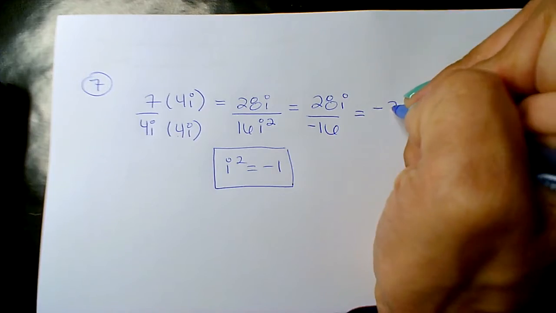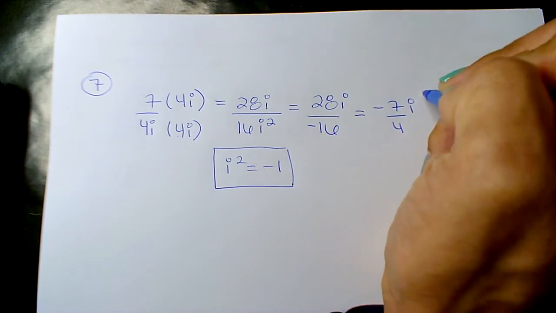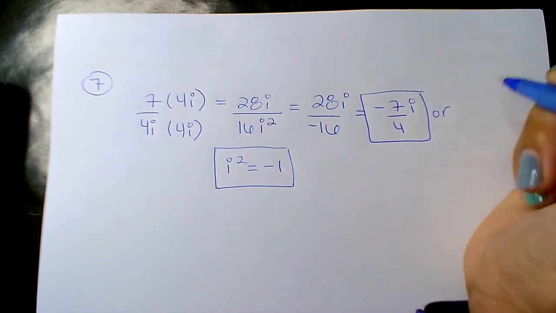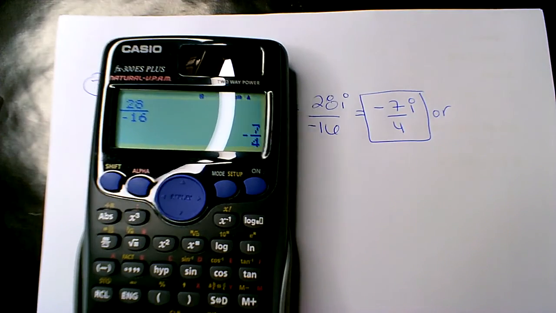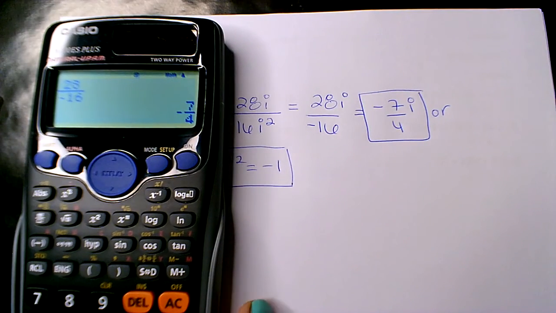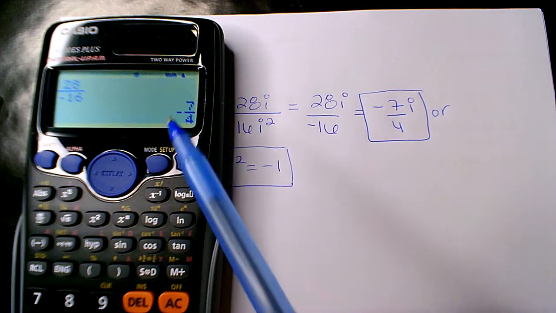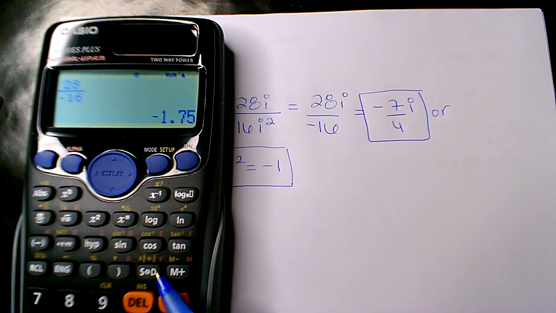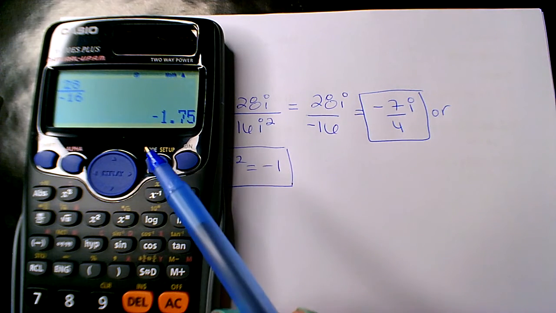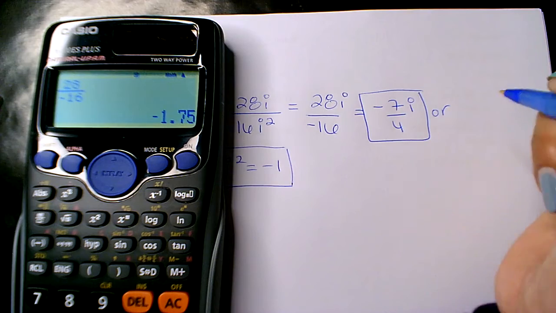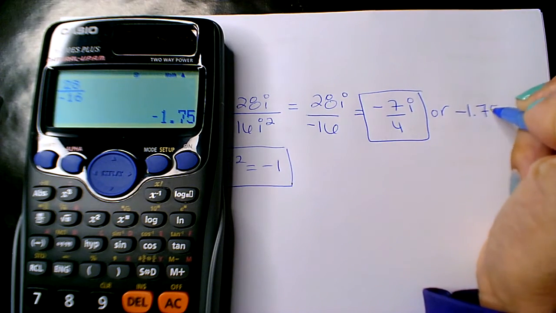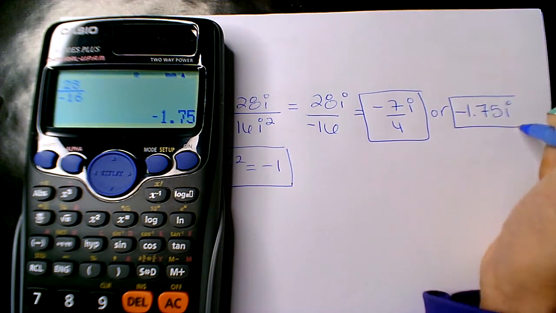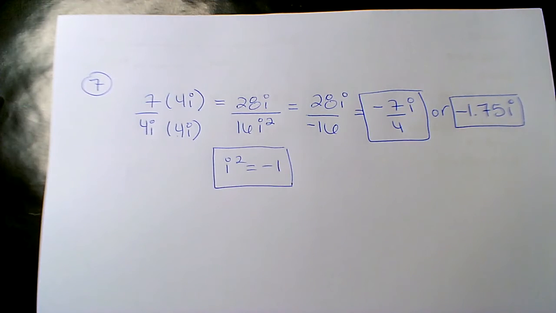So you can give me this answer, or if you want the decimal, which by the way, as we move on when we're graphing quadratics, we're going to go to the decimal. So SD, scientific decimal, right above the orange delete, it's -1.75i. So either of these two.